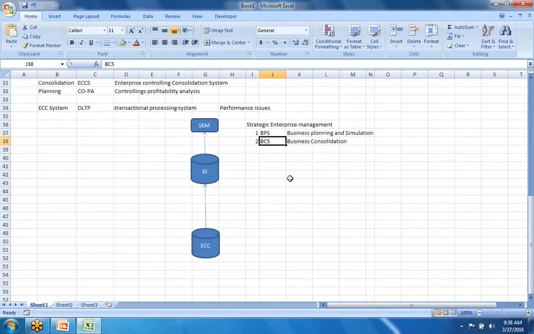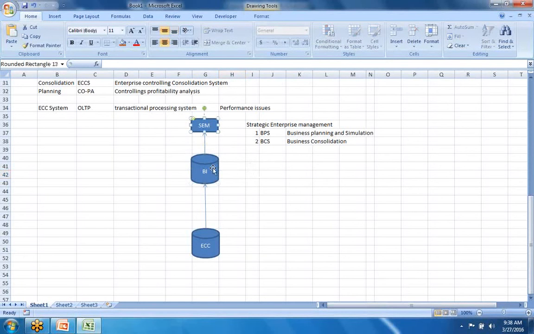Now there were some issues, problems here. The problem was that SEM was altogether a different system and BI is altogether a different system. And SEM runs one version higher than the BI systems.